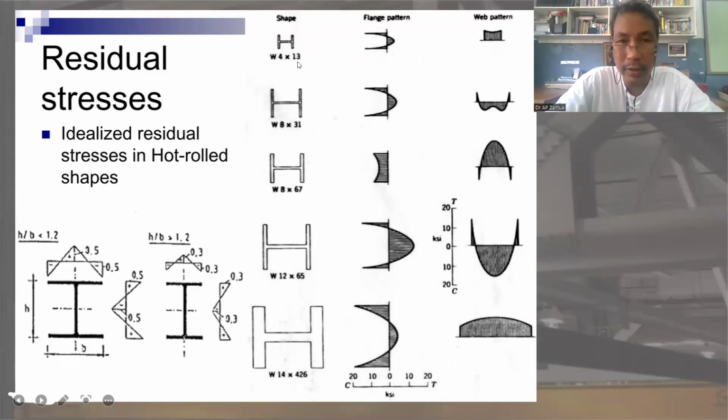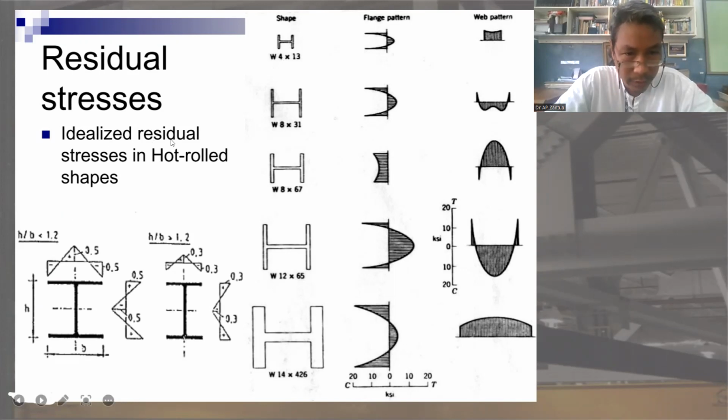W type 4 by 13, W type 4 by 2, W type 8 by 31. We will explain later on what we mean by these names. W type 8 by 67, W 12 by 65, W 14 by 426. These are W type shapes, as examples.